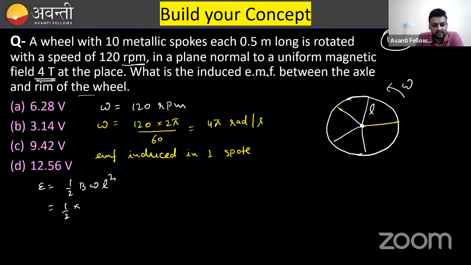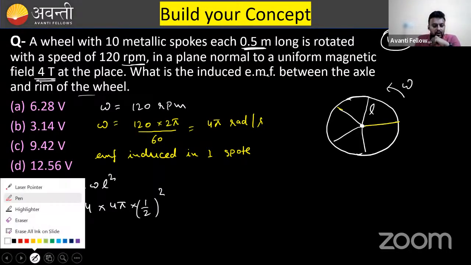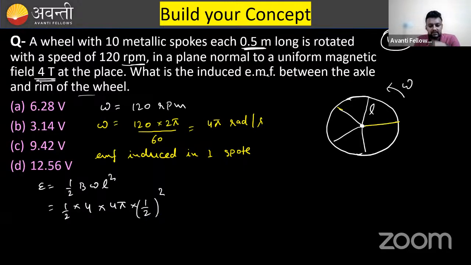That is given as 4 Tesla. Omega is 4 pi. Length is 0.5 meter, half meter, and then you square it, half meter square. Now you can cancel out the things. This is going to be 1 by 2 square, which is 4. 4 and 4 can be cancelled, 2 and 2 times. So EMF is nothing but 2 pi.